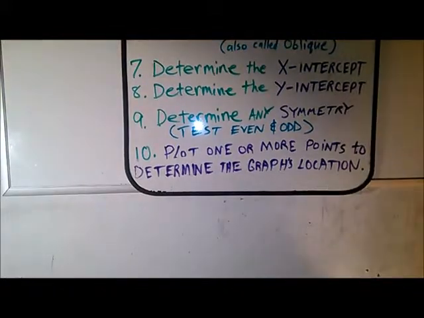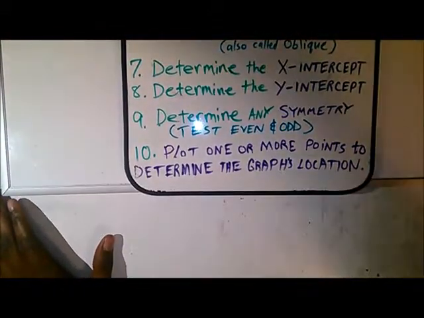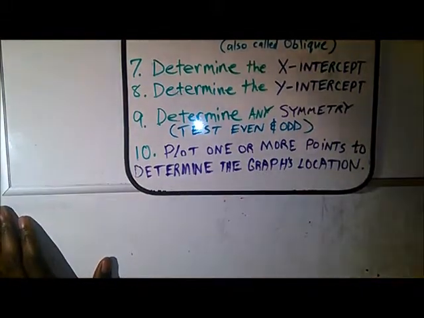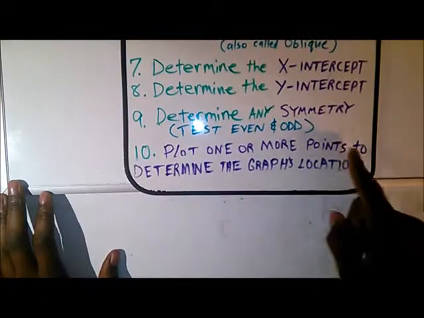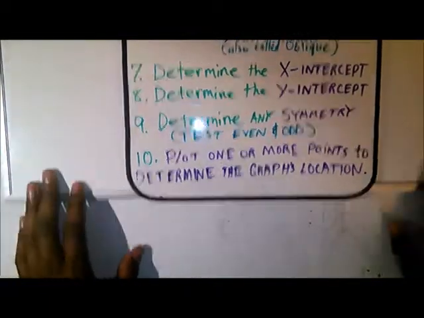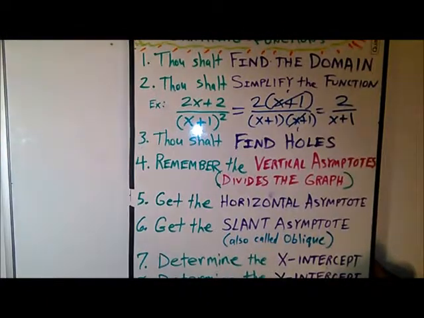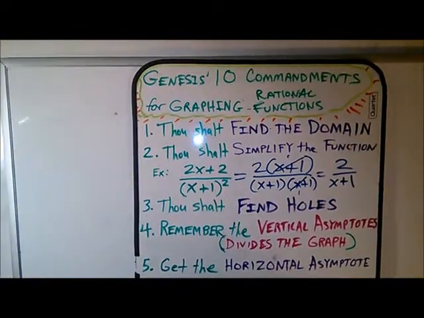And the last commandment that will help you when you are trying to graph rational functions is to plot one or more points to determine the graph's location. This is Genesis's 10 commandments for graphing rational functions.